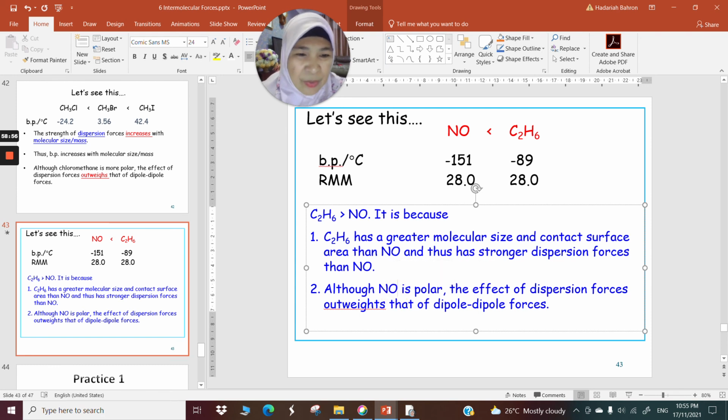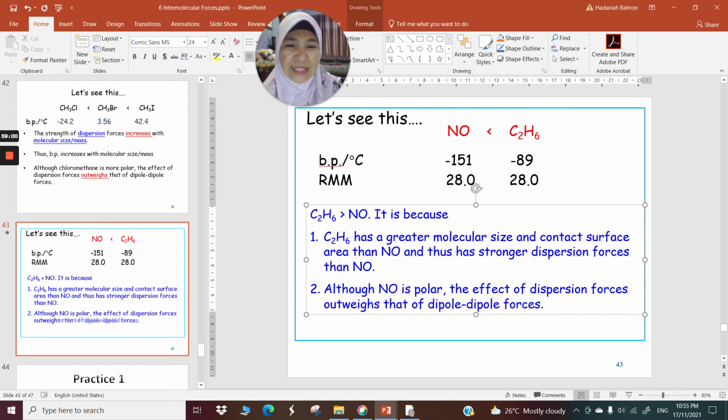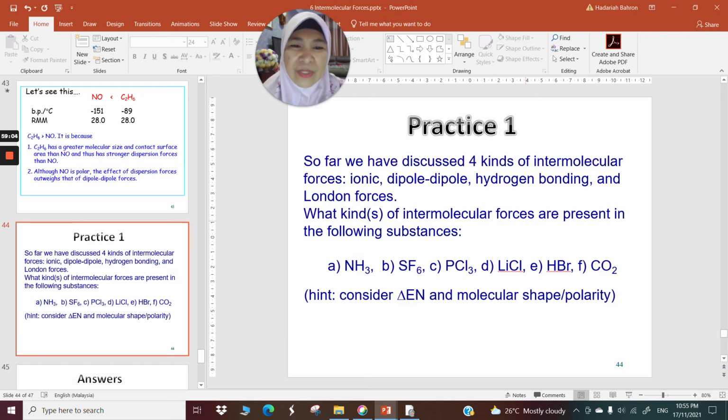Although NO is polar, the effect of dispersion force outweighs that of dipole-dipole forces. So there are some practice exercises.